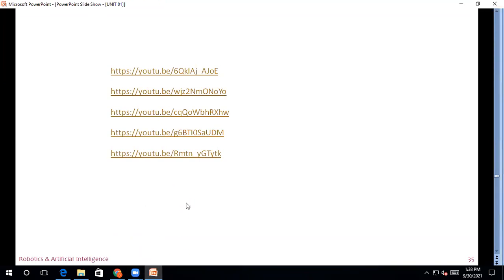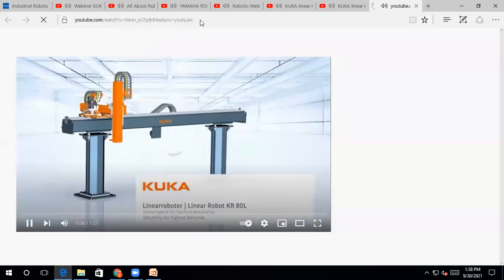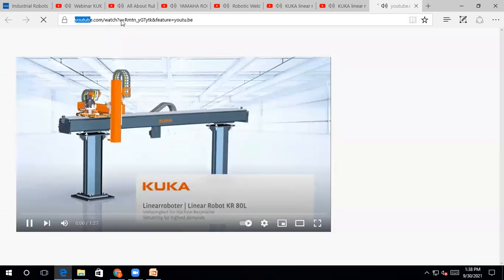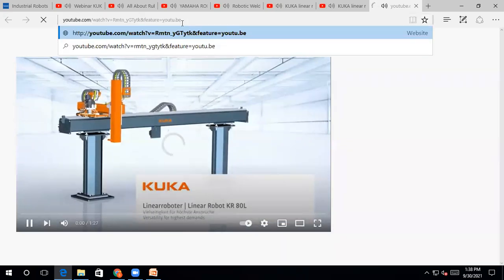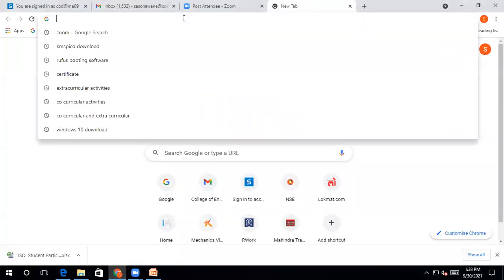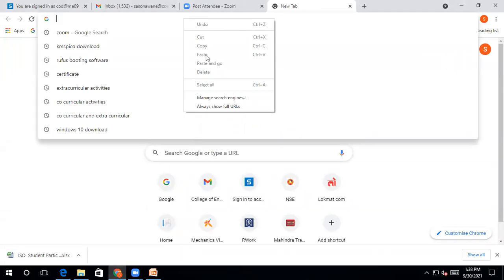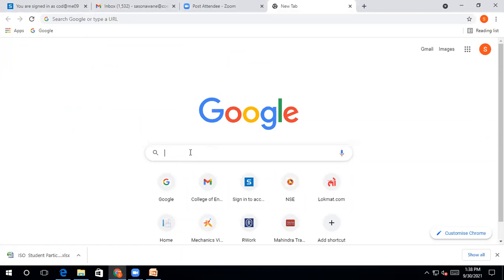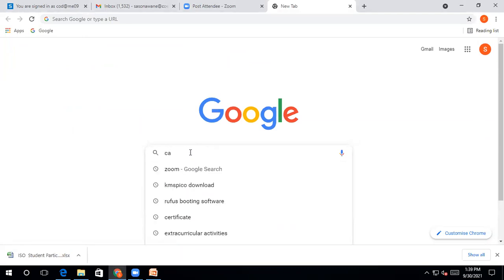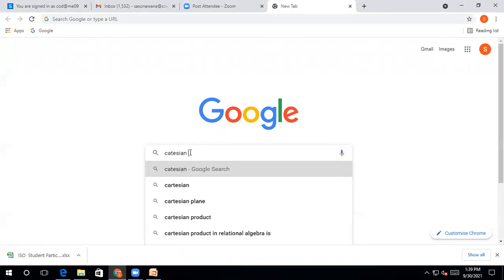Now we have seen this Cartesian robot. Again, I will check. Let me type it here. Cartesian robots.